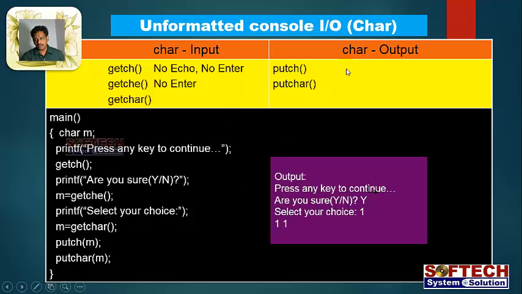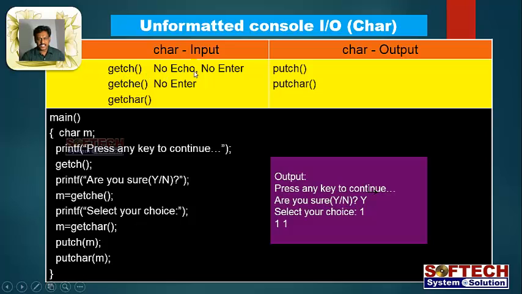In this example, we learn about character input and character output. We already discussed that unformatted character input has three types of function: getch, getche, getchar. Then two types of output function to display the character on screen, that is putch, putchar.